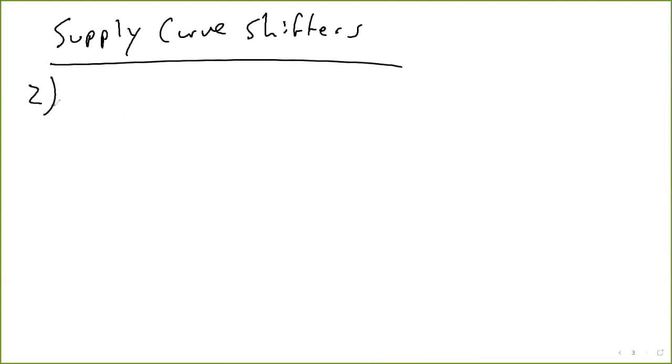The second supply curve shifter we want to consider is technology. And technology matters because it determines how many inputs are required to produce an output.